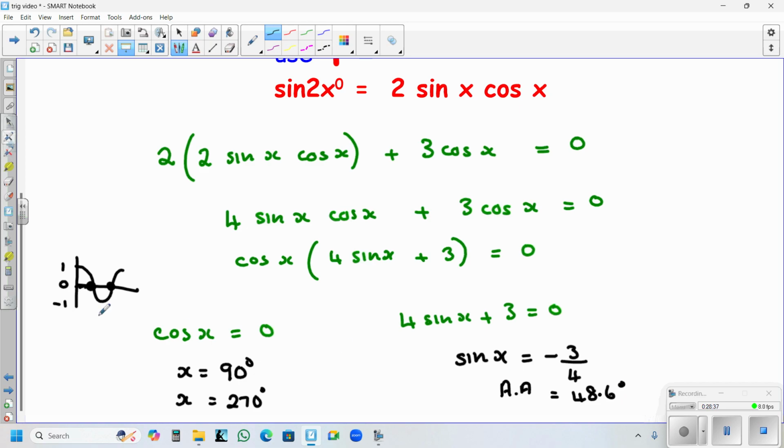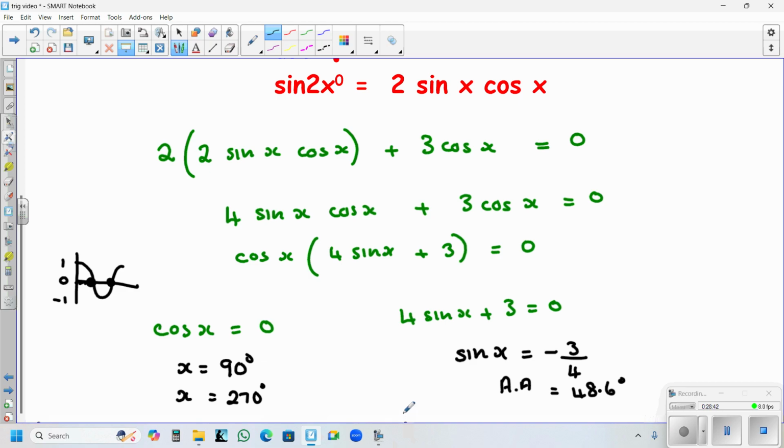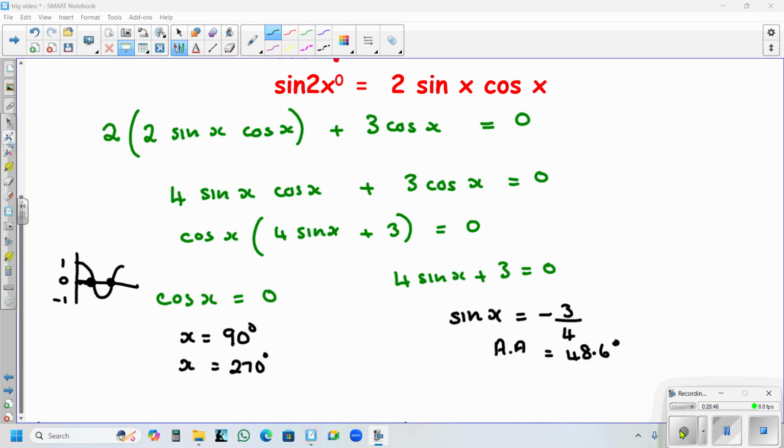Okay. Now, sine is negative. So where is sine negative? Sine is negative in quadrant 3 and quadrant 4.